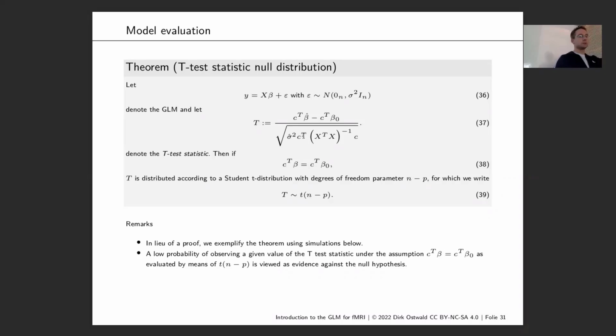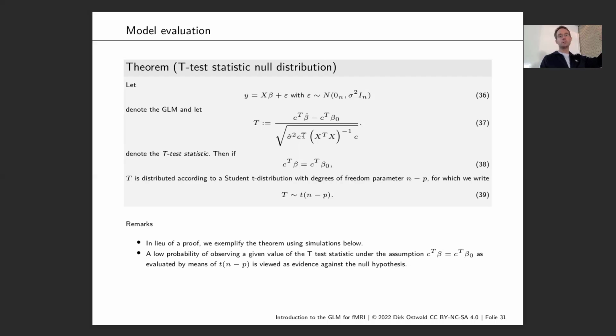If we contrast with a vector of 1 and -1, then if they are different, our difference is not 0. If they are the same, our difference is 0. So essentially one can look at arbitrary linear combinations of beta parameter estimates.